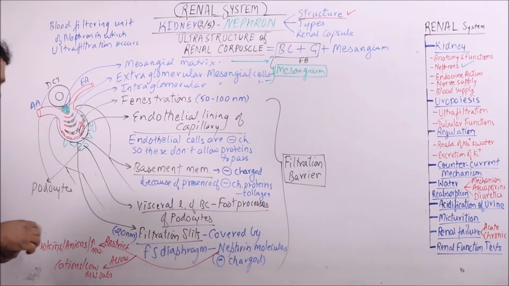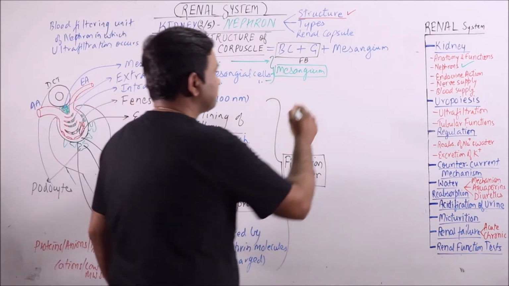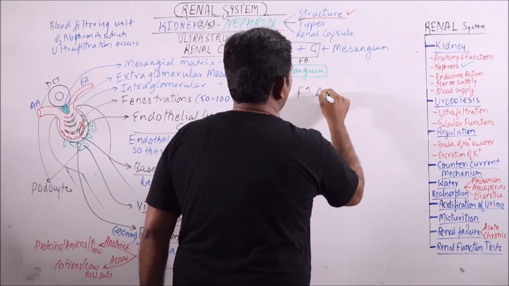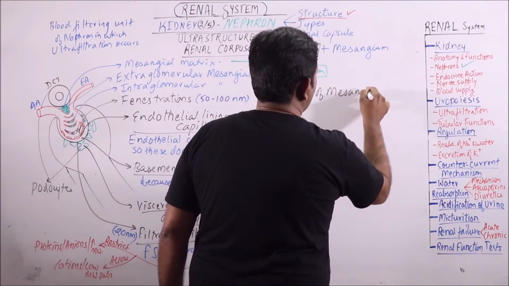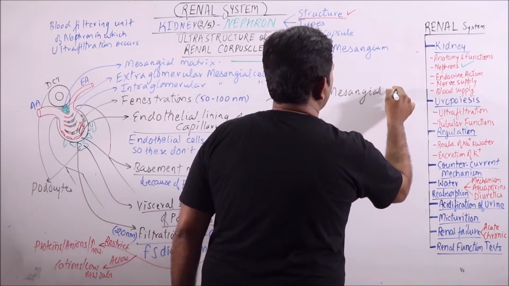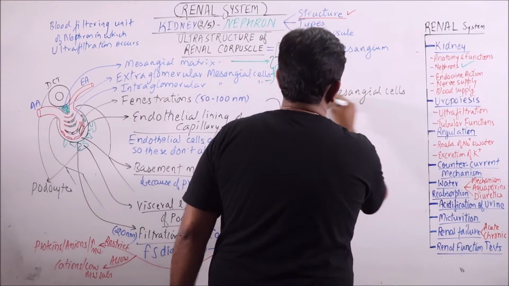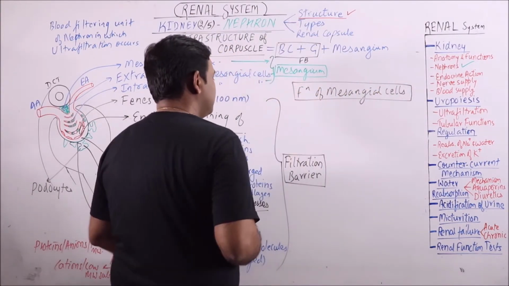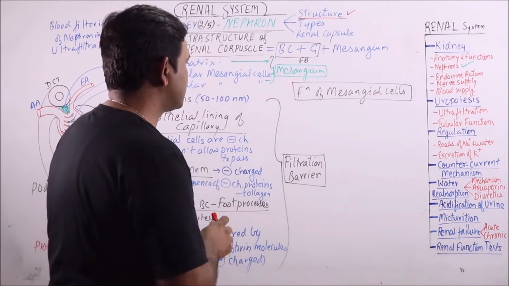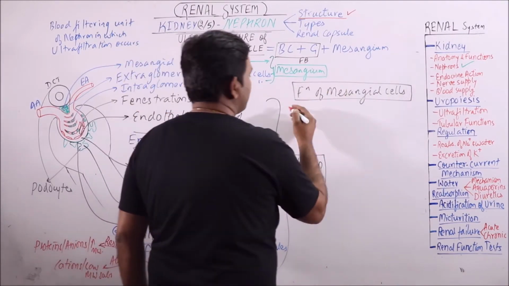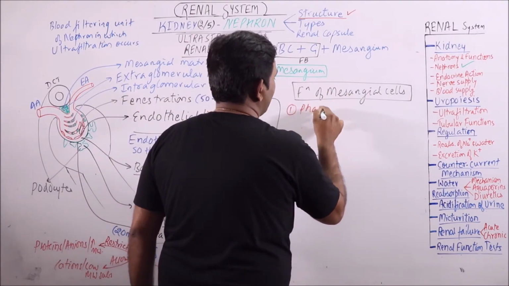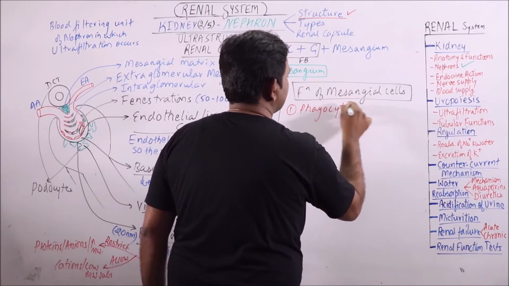Then what is the function of mesangial cells? First, phagocytic.